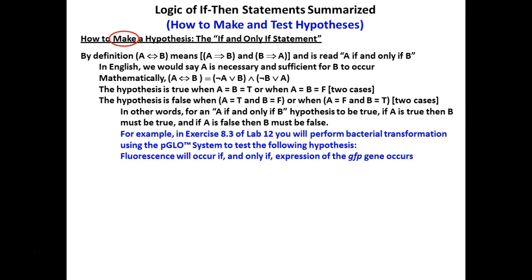So later on, almost the last experiment that we'll do, a little bit more complicated hypothesis: fluorescence will occur only if expression of the green fluorescent protein gene occurs, right? So we're only going to see color if the DNA that we give the bacteria is actually expressed, turned into messenger RNA and then into a protein. Can we test that hypothesis?